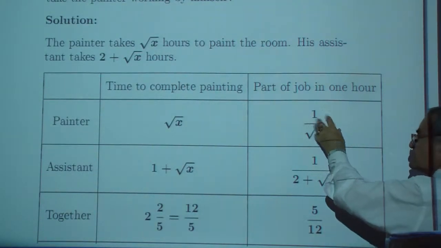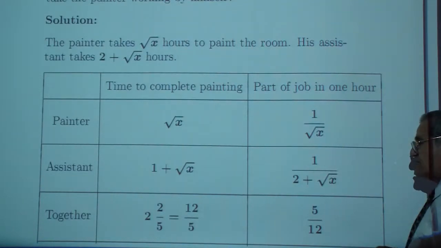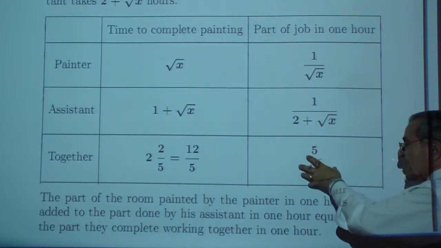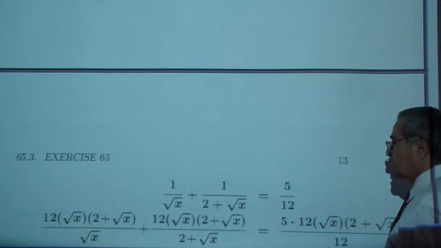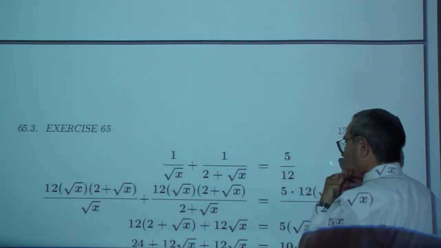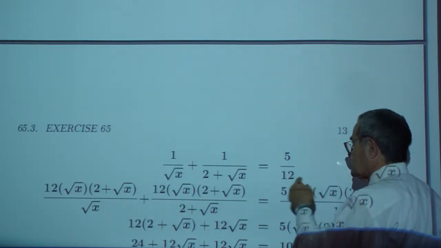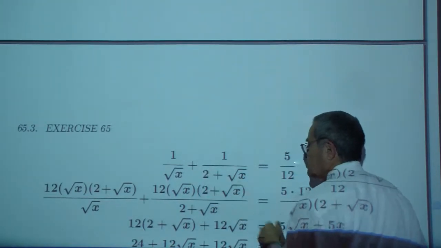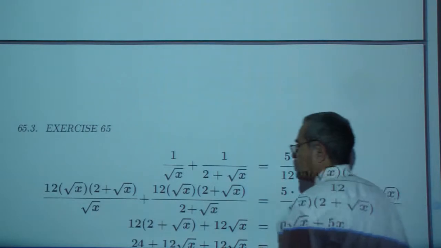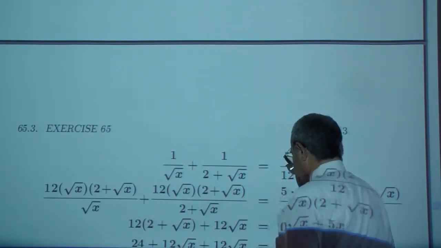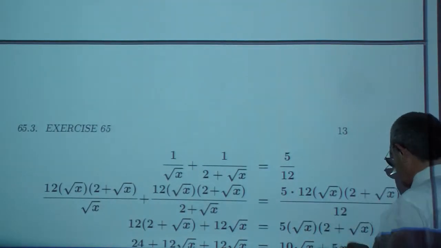So what the painter does by himself plus what the assistant does by himself is the same as what they both do together in 1 hour. So I have the equation, multiply by the least common denominator, which is 12 times x times a quantity, 2 plus square root of x. The square root of x drops out, this 2 plus square root of x drops out, and the 12 drops out.